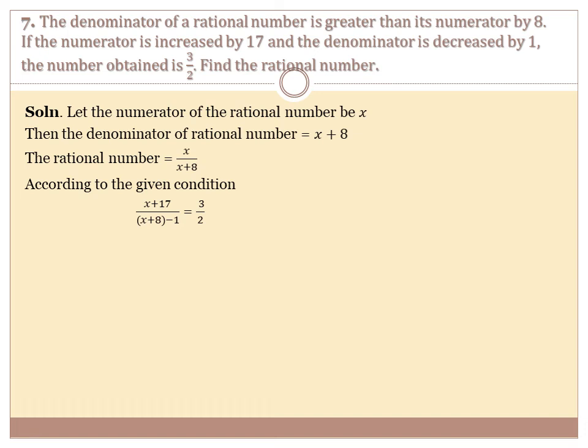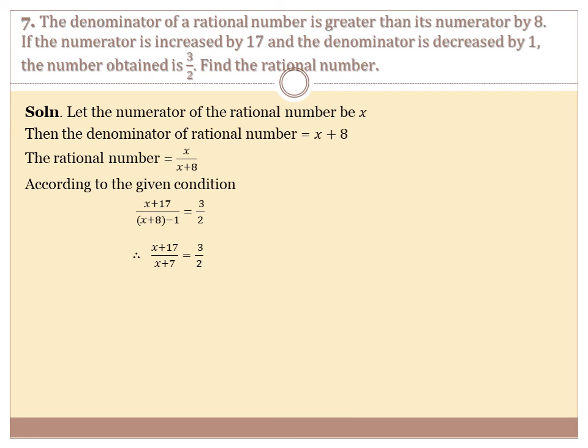The number obtained is 3 by 2. Therefore, the equation can be written as (x + 17) divided by (x + 8 - 1) is equal to 3 by 2, which implies (x + 17) by (x + 7) is equal to 3 by 2.